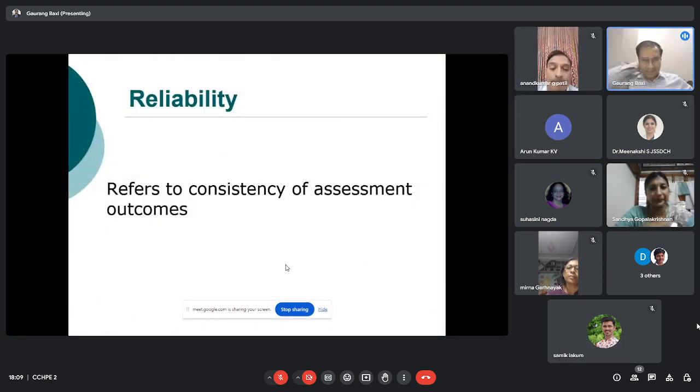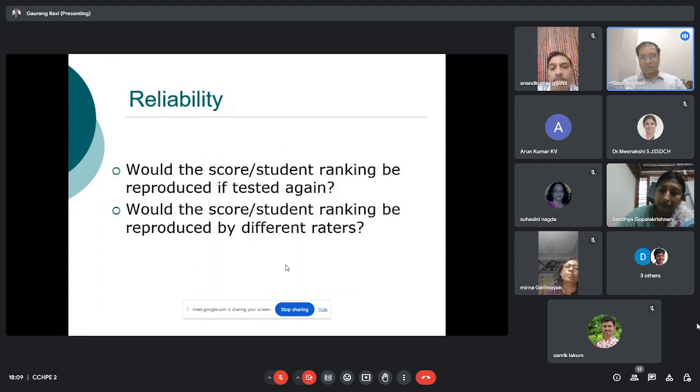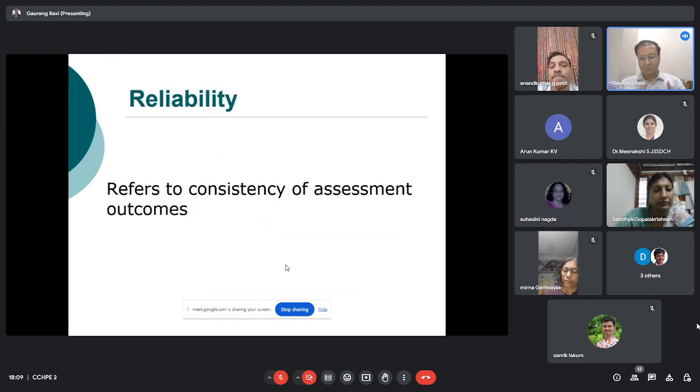So now let us come to this concept of reliability. Reliability refers to consistency of assessment outcomes. Talking about the four batches, as you all said, although for the three batches the test was the same, the conditions in which the assessment was taken were different for every batch.